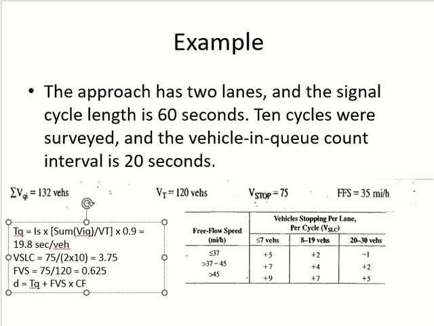FVS we know, time in queue delay we know, correction factor comes from this table. So our free flow speed is 35, which is the first row. And vehicle stop per lane per cycle, this value 3.75, which is the first column. So my correction factor is how much? 5.